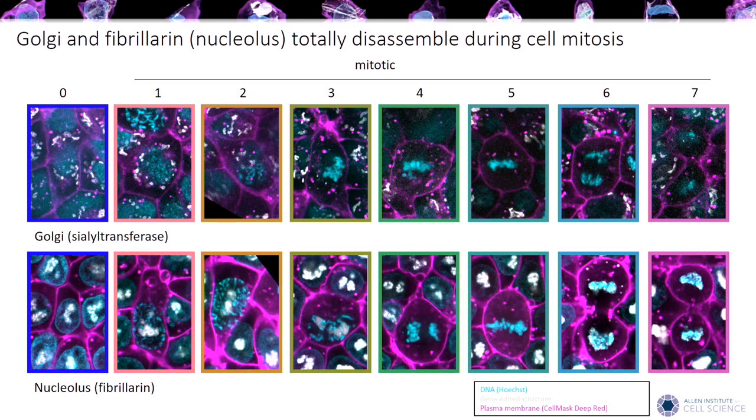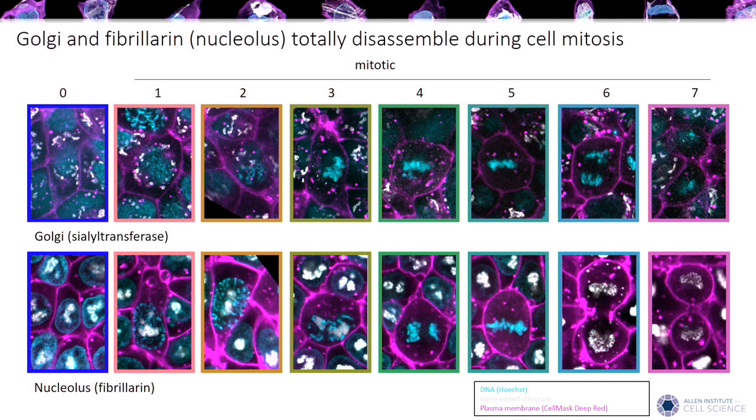Another interesting structure is the nucleolus, where we go from a foci nucleolus structure of fibrillarin to a phase transition, where fibrillarin is like in this melted structure in our mitotic stage 3. Then fibrillarin completely disappears and then starts to reform at the 2 later stages of mitosis.